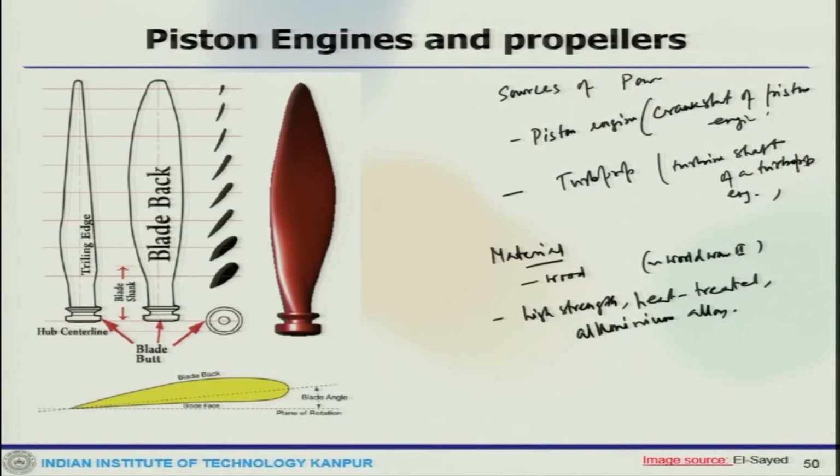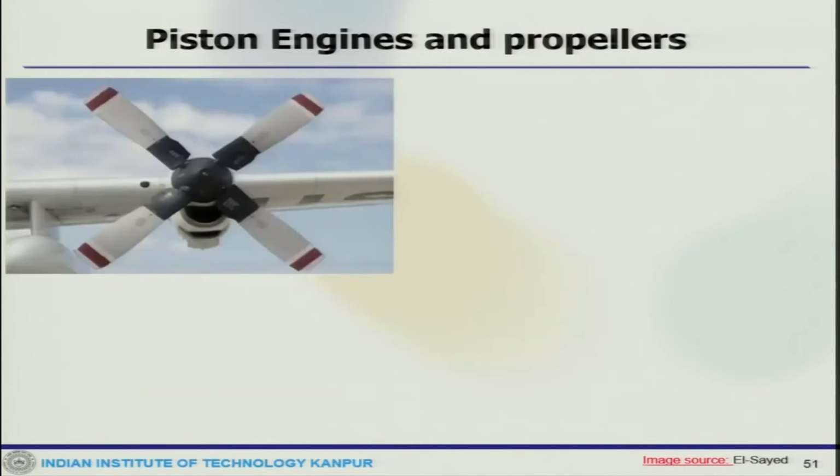Okay. Now, there are also some other designs. This is another picture which shows you the cowling, essentially the aerofoil shape of the propeller and how it is attached to the main aircraft.